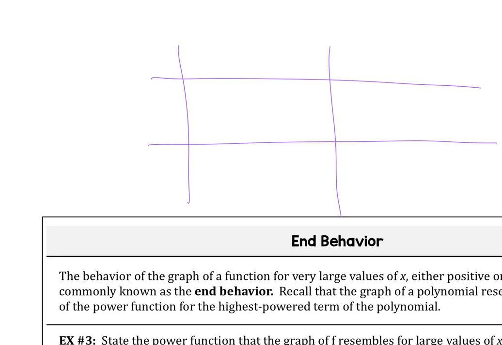So if we have an even exponent and a positive leading coefficient, then our graph is going to create the U shape. If we have an even exponent and a negative leading coefficient, then it will go down. So for example, this could be y equals x squared, where this one could be y equals negative x to the fourth.